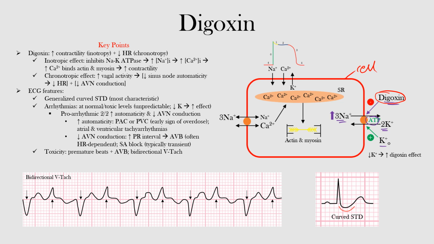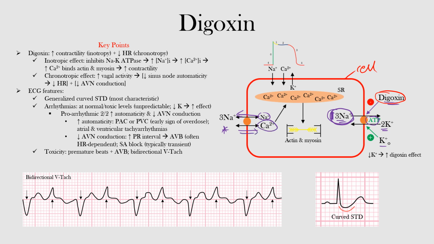And if it binds there, what we have is sodium stays in the cell, and because sodium increases, if you look at this calcium-sodium exchanger over here, sodium will normally, because there's an increase in sodium, leave the cell, okay? And if it's leaving the cell, we'll have an increase in calcium coming into the cell.